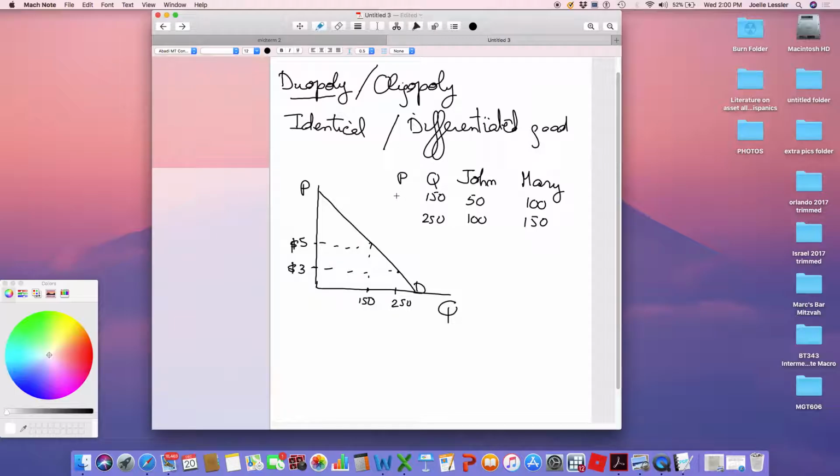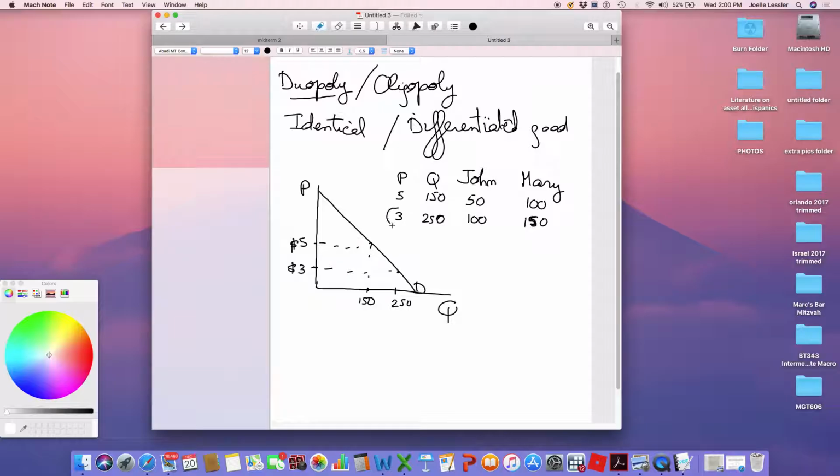When the total quantity was 150, the price was 5. When the quantity was 250, the price went down to 3. So whatever quantity Mary chooses will affect the price. Whatever quantity John chooses will affect the price. So Mary's actions affect the price, and so do John's actions.